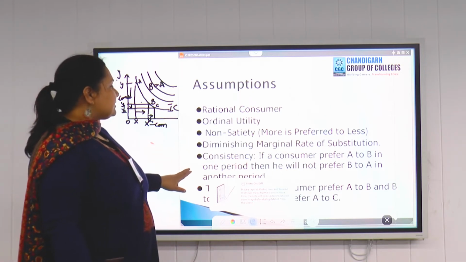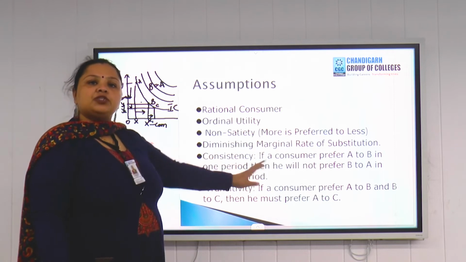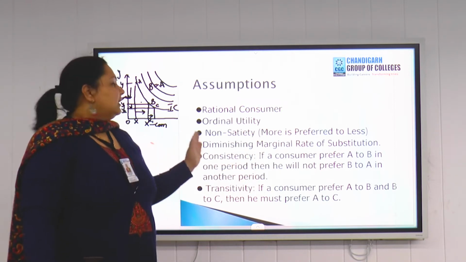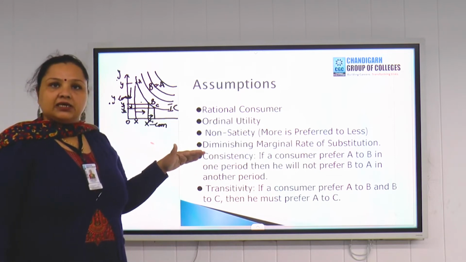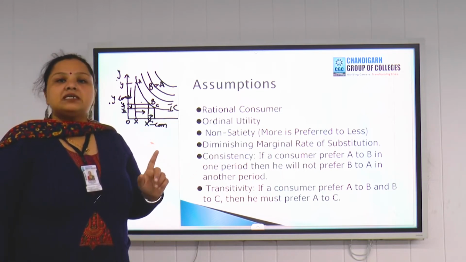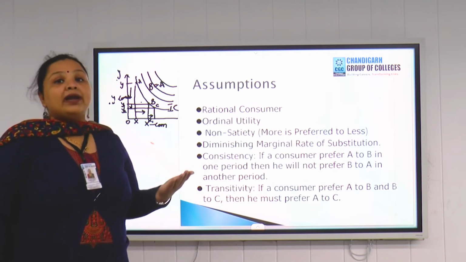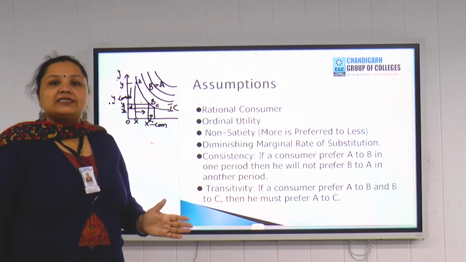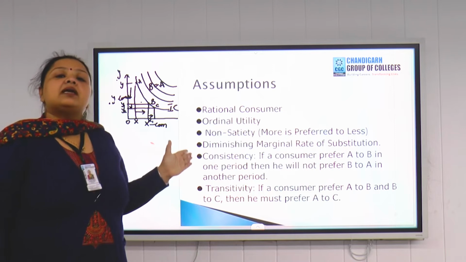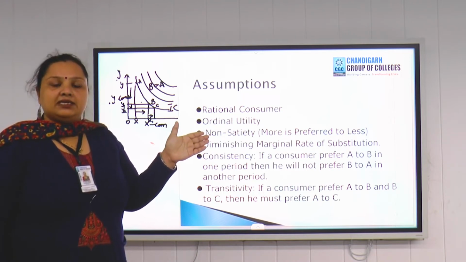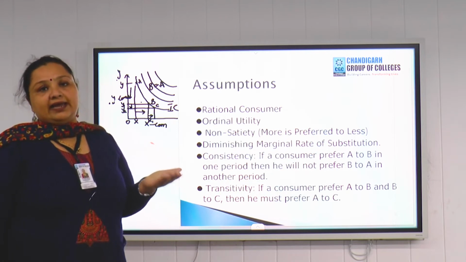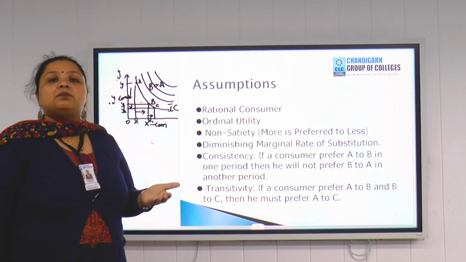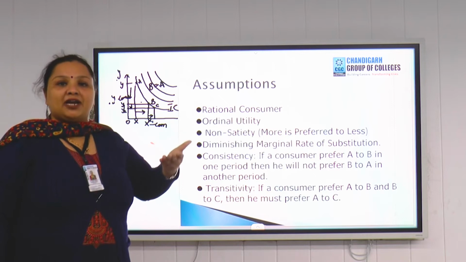Next is diminishing marginal rate of substitution, which we have already discussed. To increase one commodity, the consumer will decrease another, because the satisfaction level should be the same. If we are getting more and more without sacrificing anything, then our satisfaction level will increase. We are getting one thing and not sacrificing anything for it, then it means we are going to a better position.